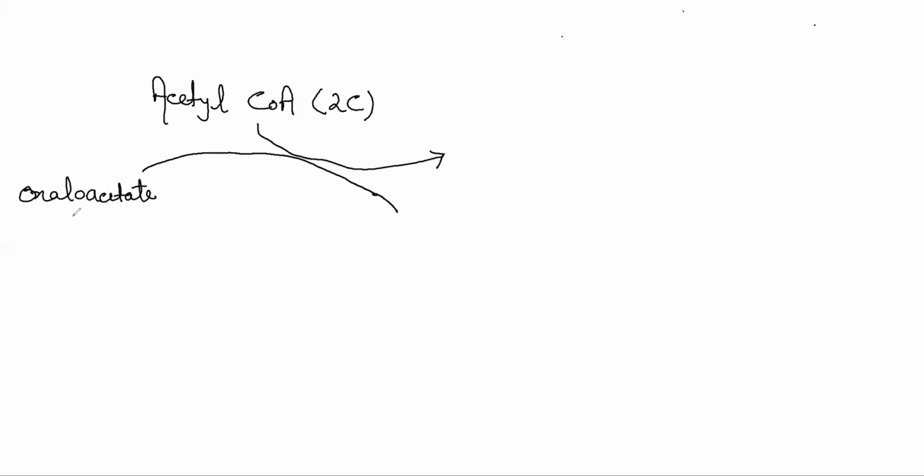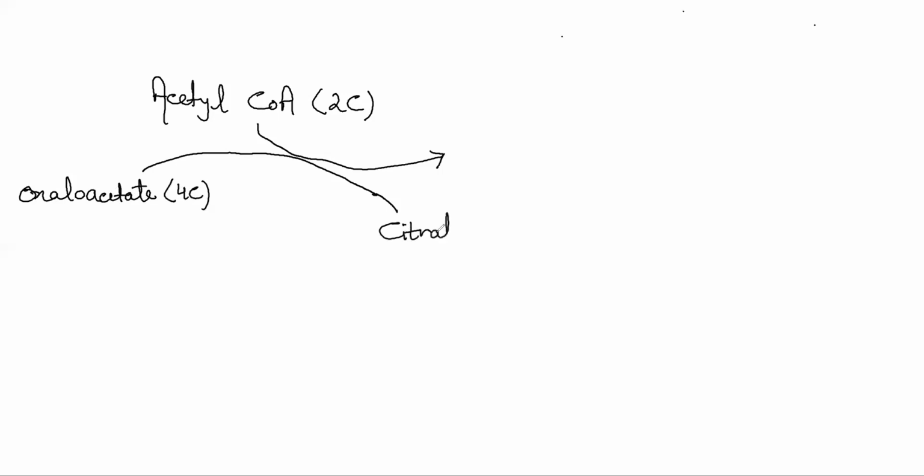Now remember, oxaloacetate is a four carbon compound, right? So this acetyl coenzyme A combines with this four carbon compound, and as a result it changes into a compound. Of course, four carbon here, two carbon here, so it changes into a six carbon compound, which is called citrate.